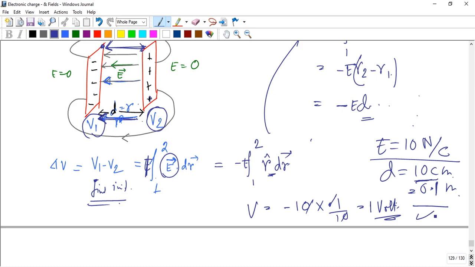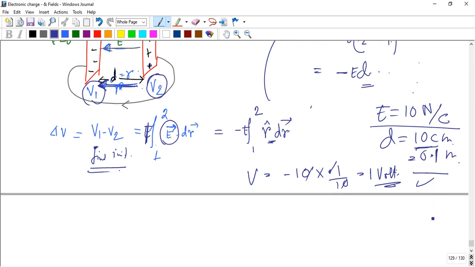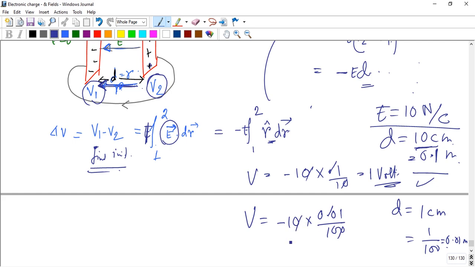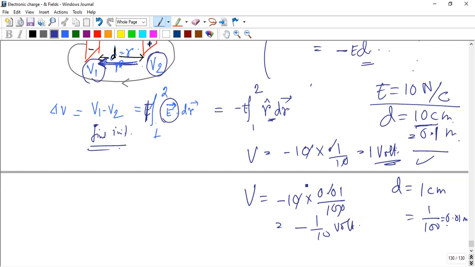The same condition applies here. Suppose another condition where the displacement is 1 centimeter, that is 1 by 100, so 0.01 meter. Then 10 times 0.01 gives 1 by 10 volt, so you get minus 0.1 volt.